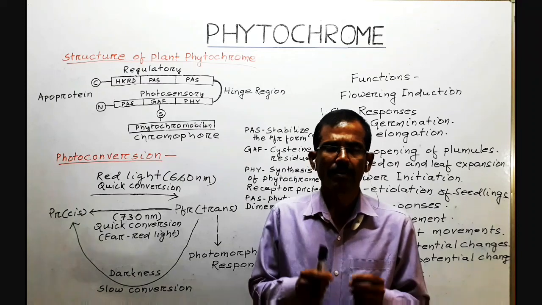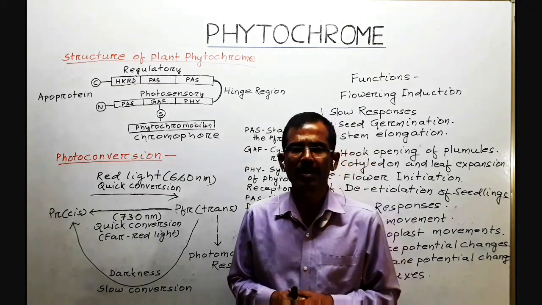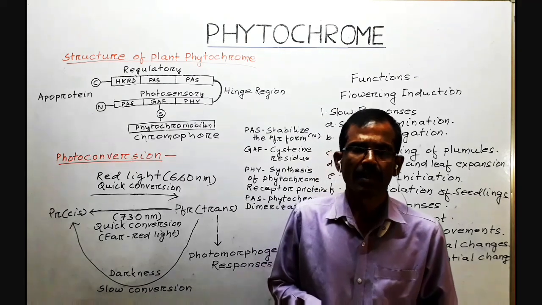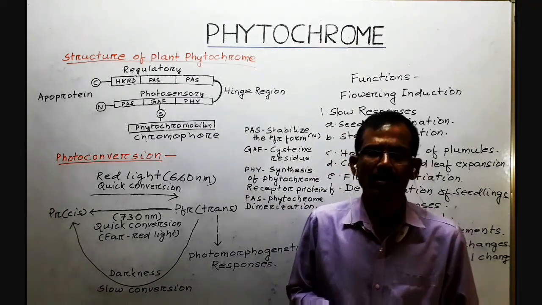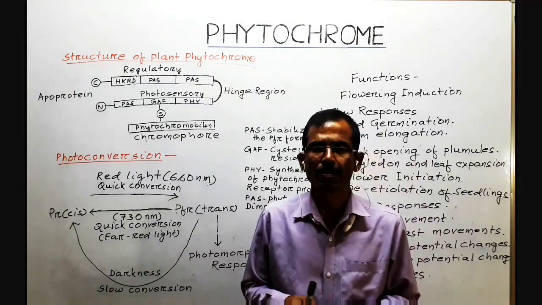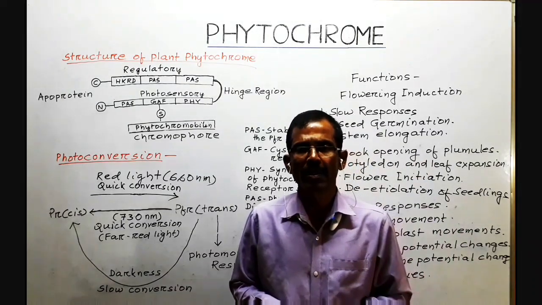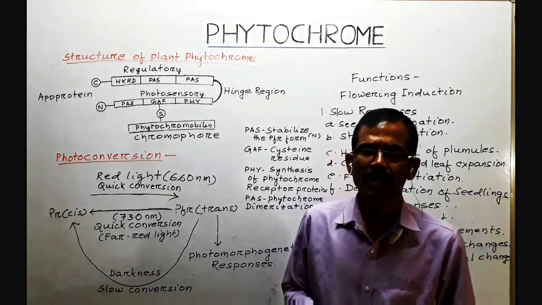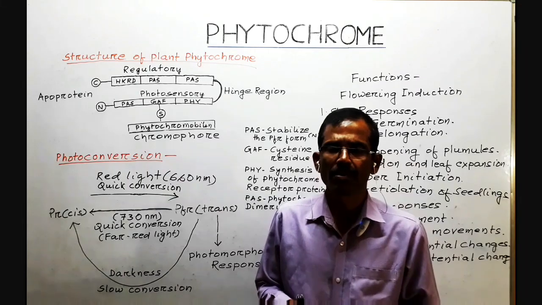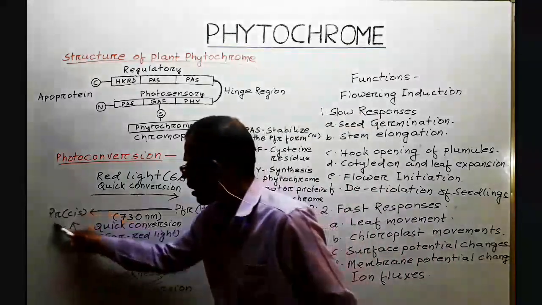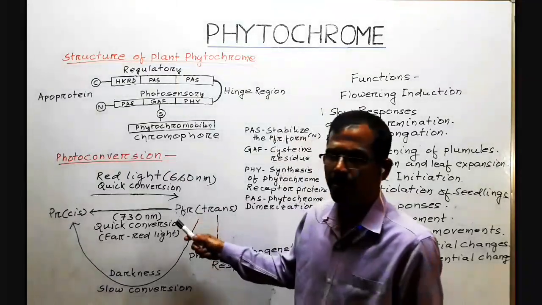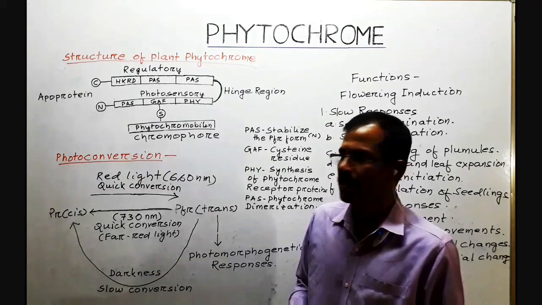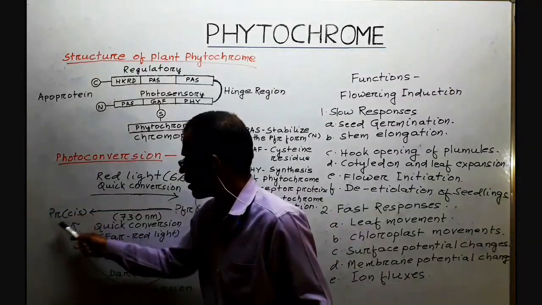As already mentioned, phytochrome is a red and far-red responsive photoreceptor. By undergoing interconversion between two different forms, it brings about morphogenetic responses in plants. Phytochrome exists in two interconvertible forms. They are the Pr and Pfr forms. The Pfr form is biologically active, whereas Pr is biologically inactive.